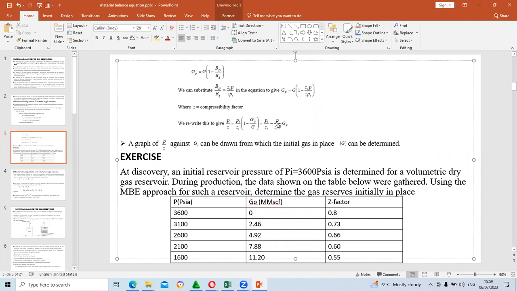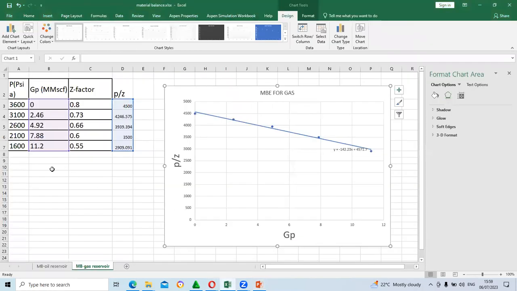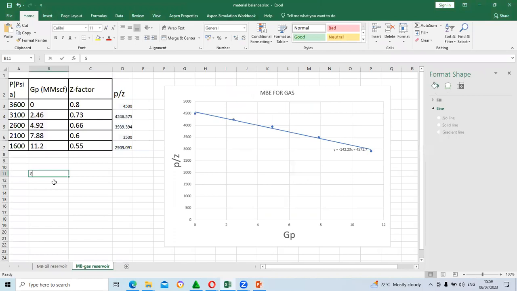So if I say M is equal to all of these parameters, then if I want to calculate G, our G, which is the initial gas in place, is equal to Pi divided by Zi, divided by the gradient.